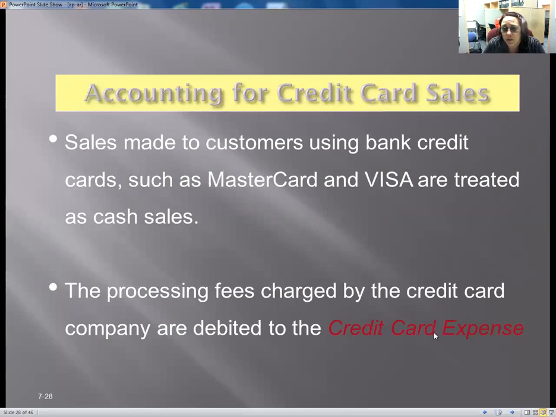Then you could have got that item somewhere else for cheaper from someone that didn't charge you for that. So you need to check out for that as well. But you want to debit your credit card expenses because expenses are normal debit balances.